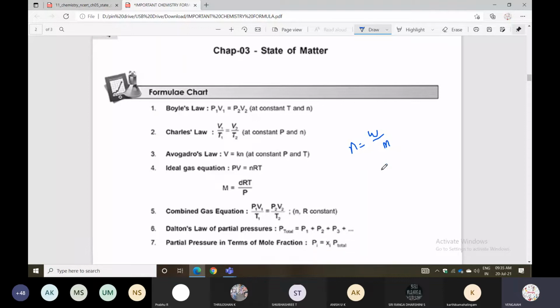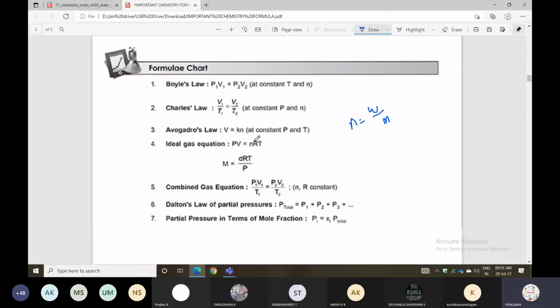Where n is there, you can substitute. Then, with respect to M, what will happen?